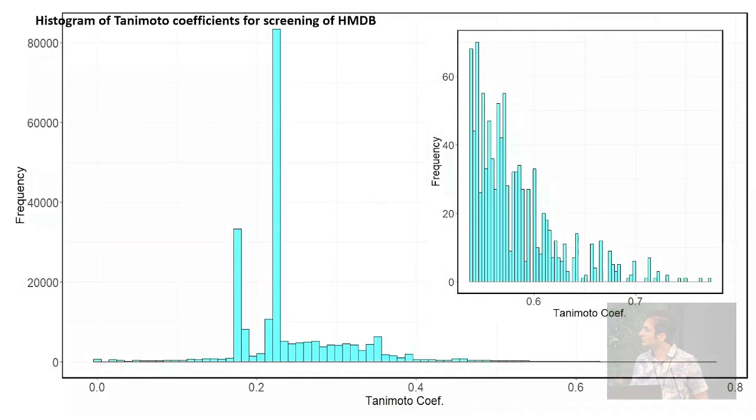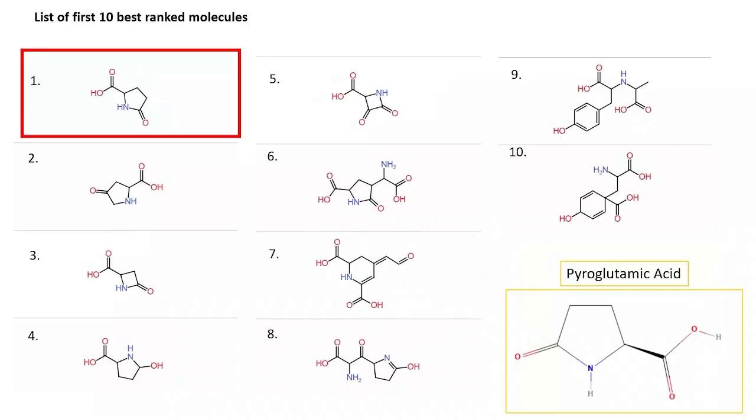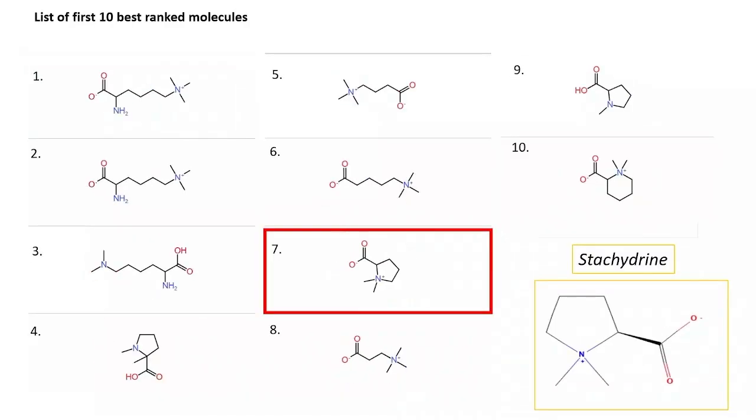And this is the retrieved Tanimoto coefficients for searching inside HMDB, and it shows that the molecule came at the top of the list. So among 200,000 molecules, we could find that molecule at the top of the list. In other examples as well, we could find the molecules at the top, and some of them at the bottom.